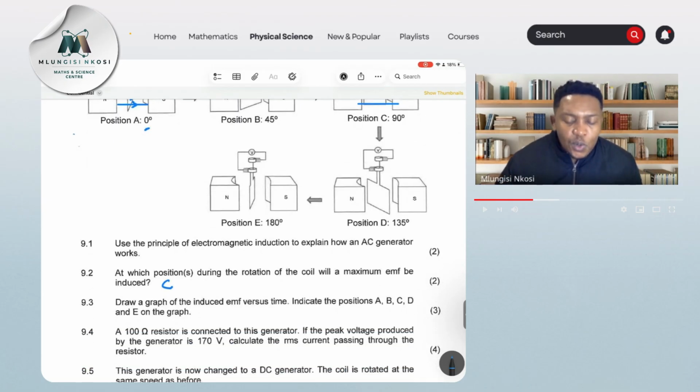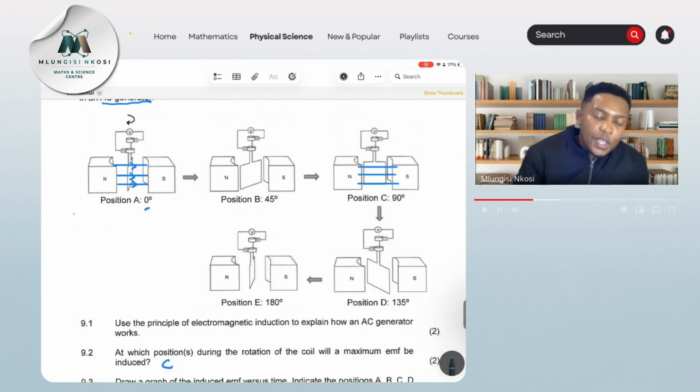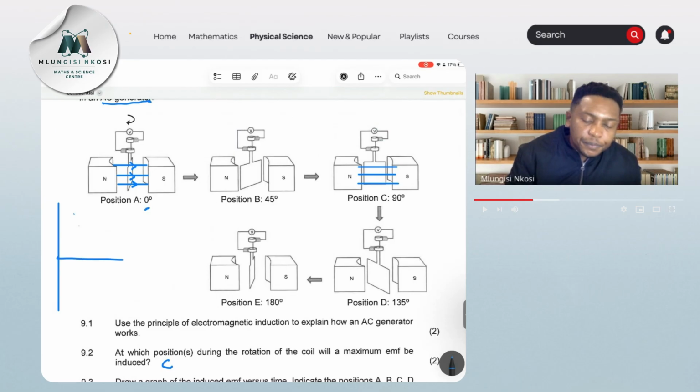Now they say to us, draw the graph of the induced EMF versus time, indicating the positions A, B, C, D, and E on the graph. Let's go into it. Please remember to label your axes. So this is going to be your EMF.